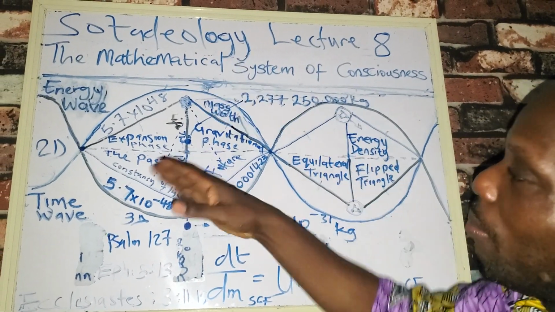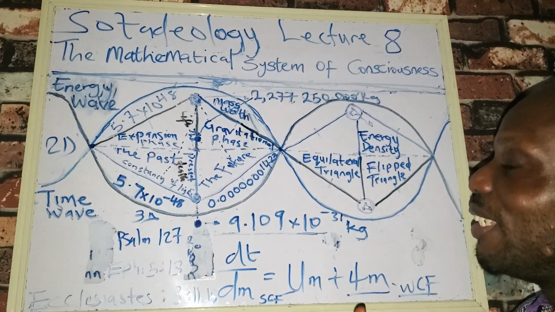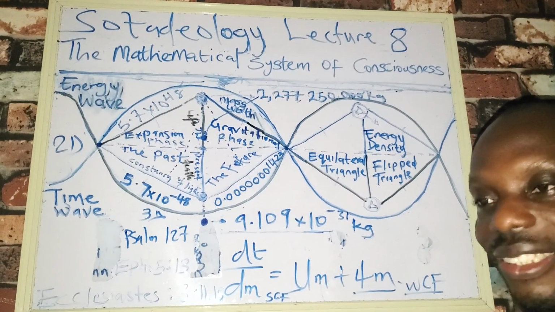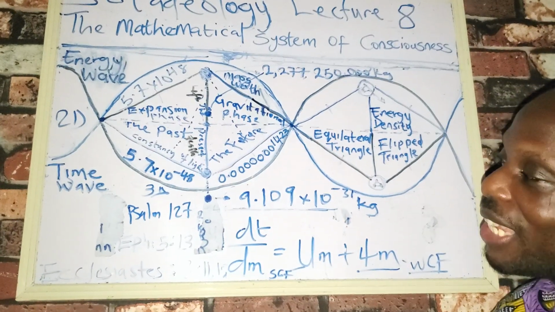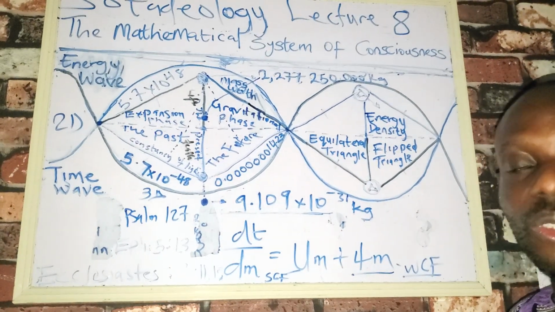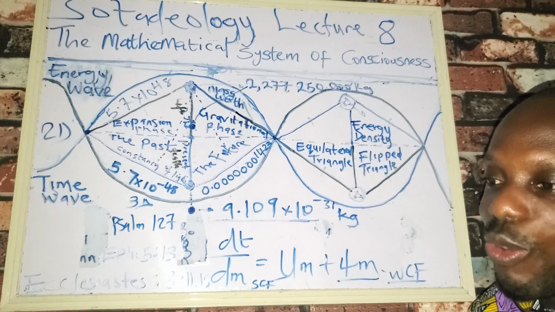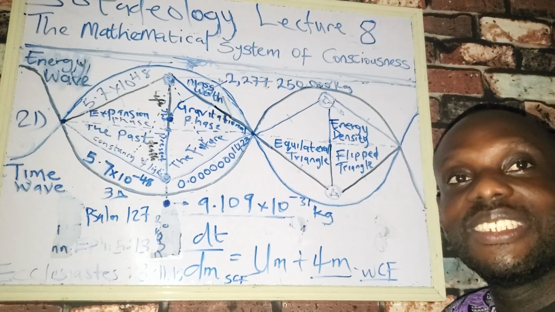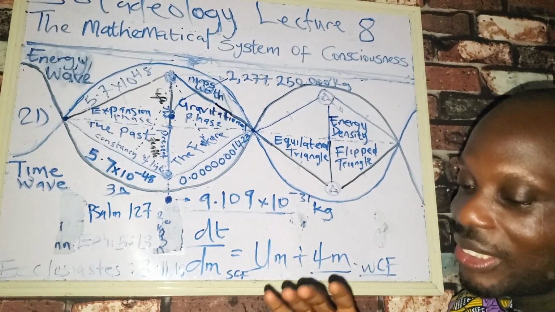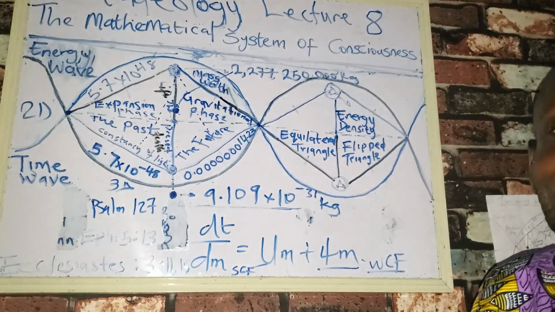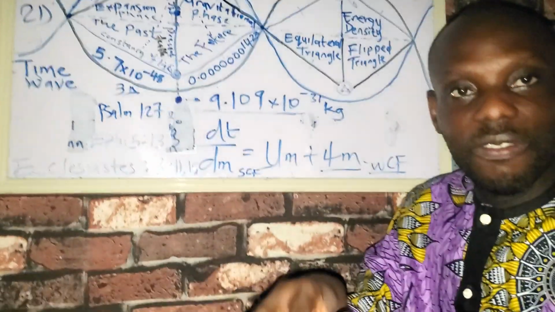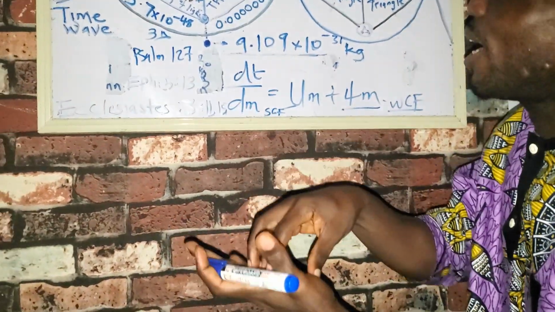Then the implication of that is that whatever it is that we think we hold, we are not actually holding it, because there is a kind of repulsive force that suspends whatever it is that touches our hand. In real fact, in real sense, whatever we hold, we are not actually holding. They are not having physical contact with our hand.